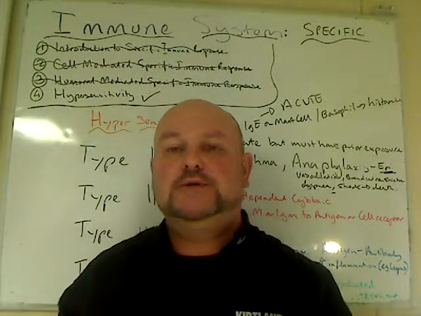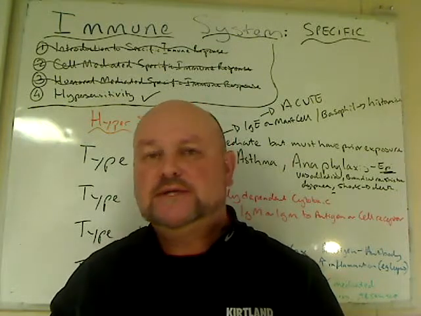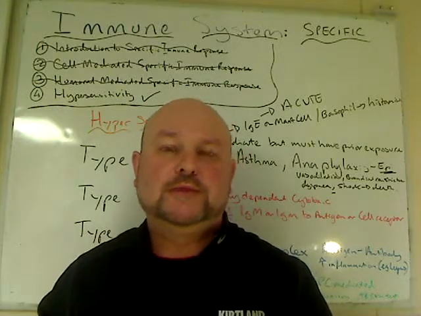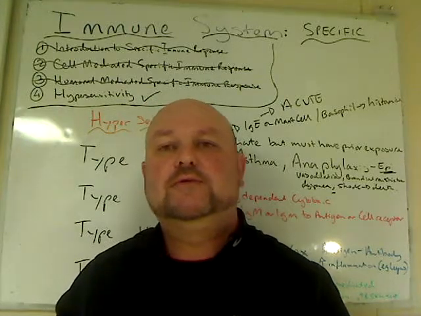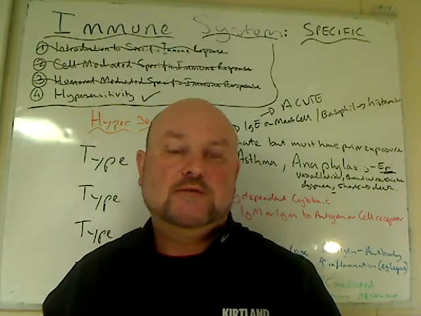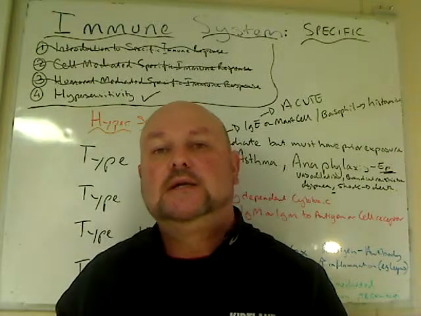The last part I'm going to talk about now is hypersensitivity. Now, hypersensitivity comes out of the specific immune response, and predominantly from the humorally mediated specific immune response. So I want to just make you aware of the types of hypersensitivity response that we can actually elicit.